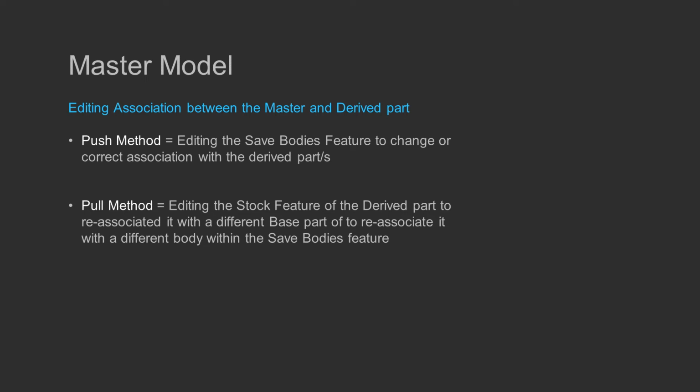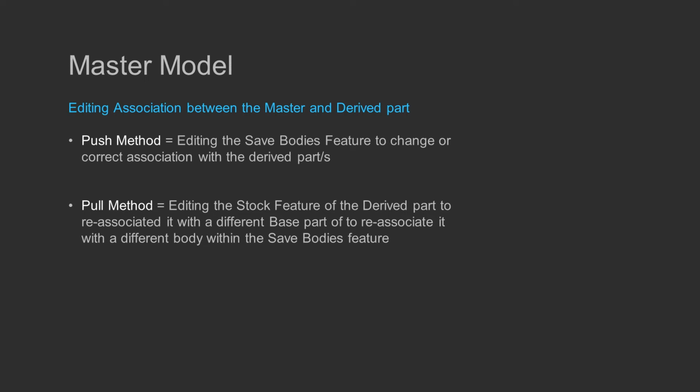And I'll show you that in a moment here. The pull method is the ability, from the derived feature, to edit its stock feature and then reassign its stock feature to another master model, or in the same master model, a different body within the saved bodies. So let me show that to you.